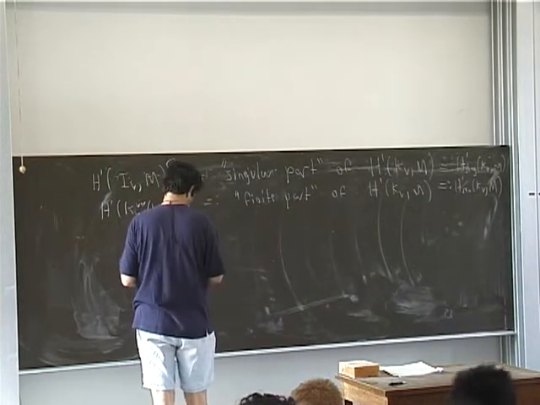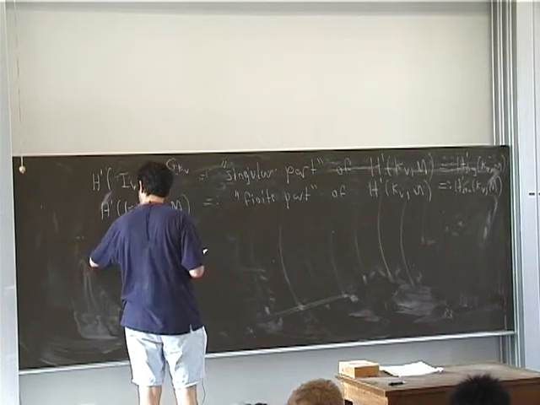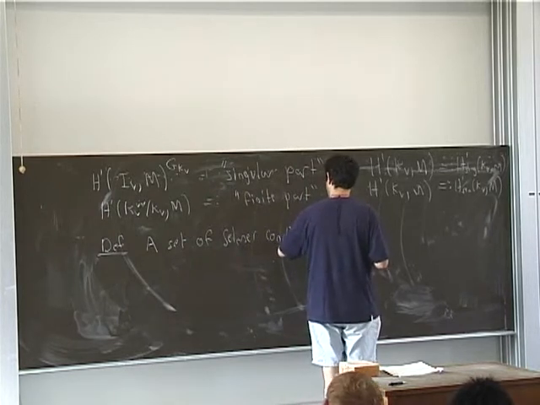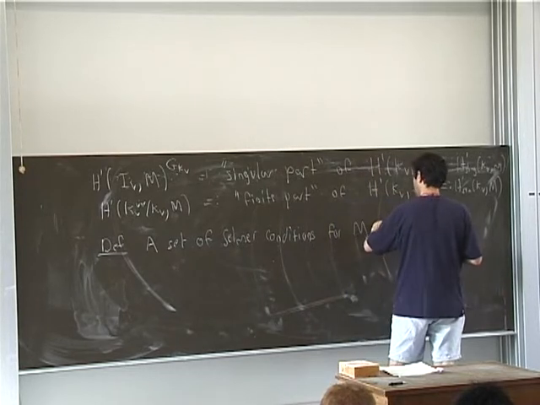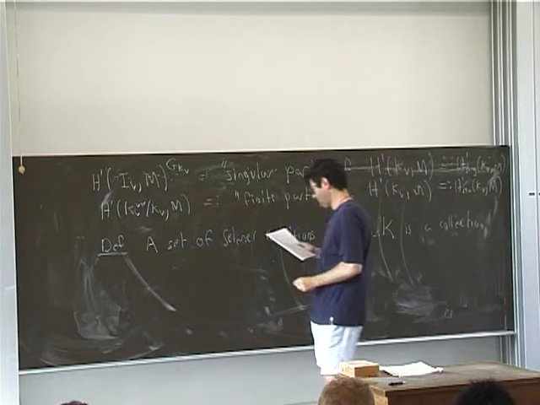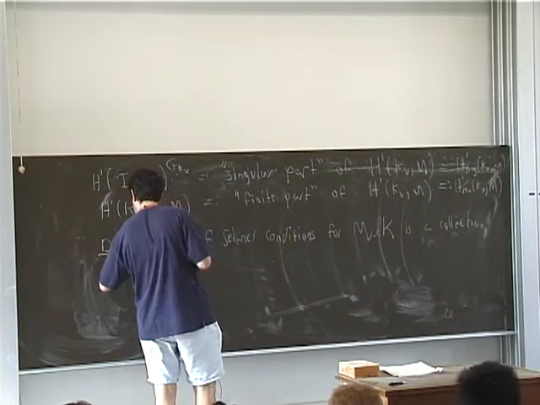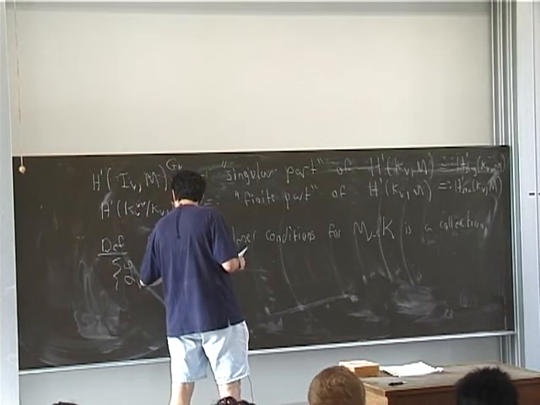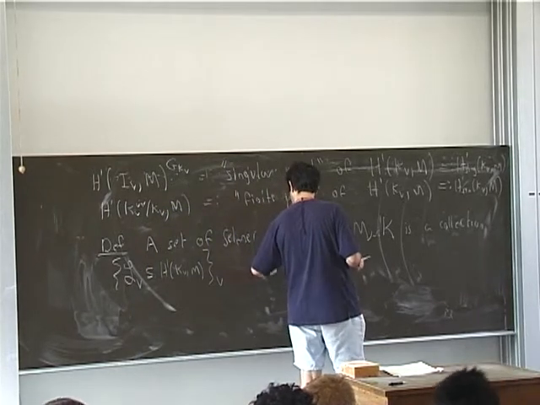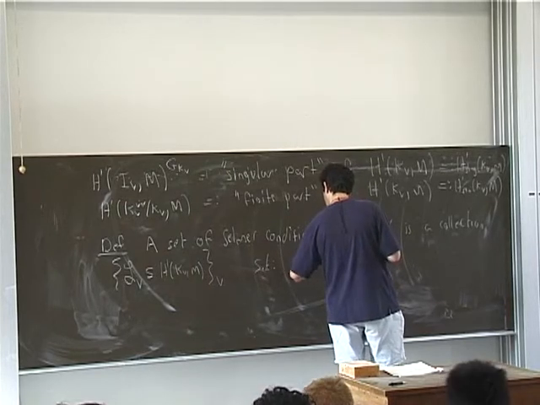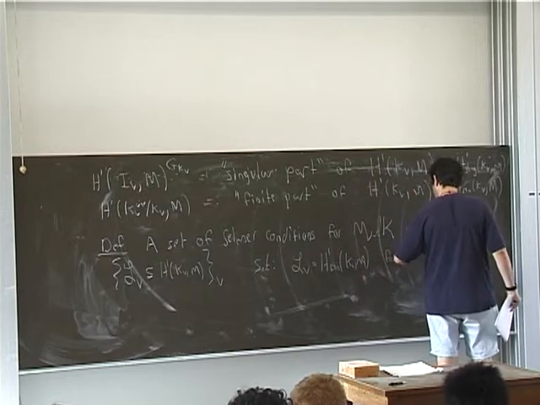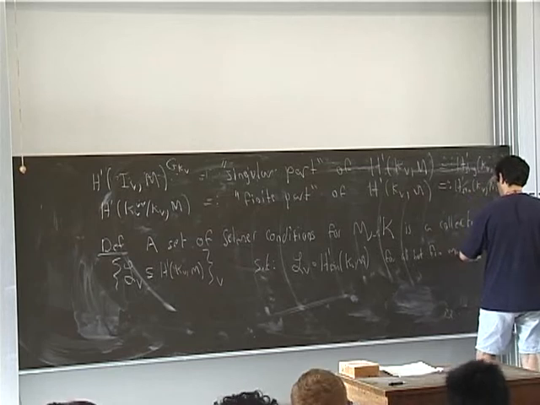Okay, so I just want to finish by defining the Selmer group. Definition: a set of Selmer conditions for M and K is a collection of subgroups, which I'll denote by script L_v, contained in H^1(K_v, M), indexed by all the places v, such that this L_v is equal to H^1_finite(K_v, M) for all but finitely many places v.